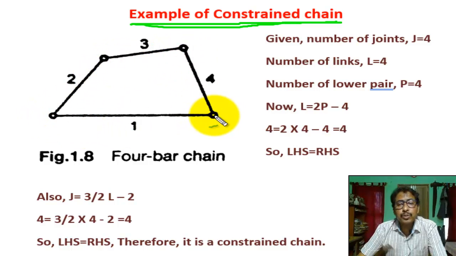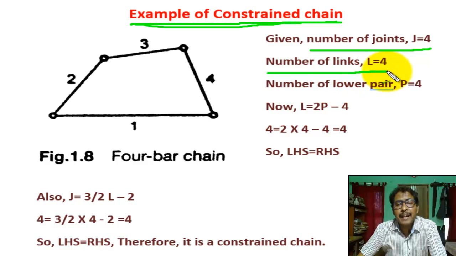Number of lower pairs is also 4. Given number of joints J equal to 4, number of binary links L equal to 4, number of lower pairs P equal to 4.